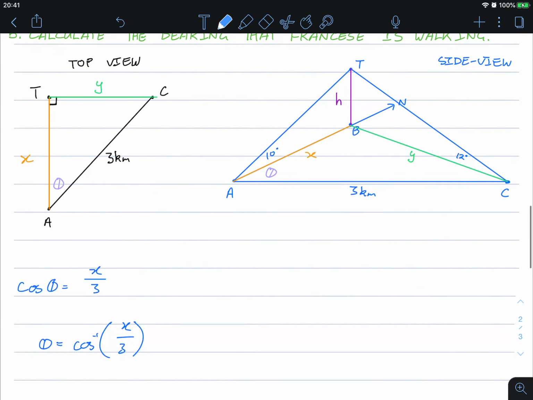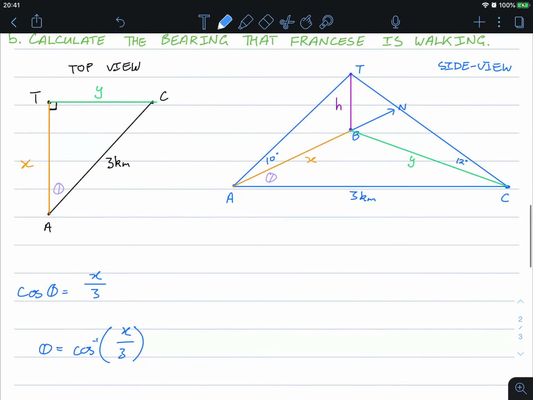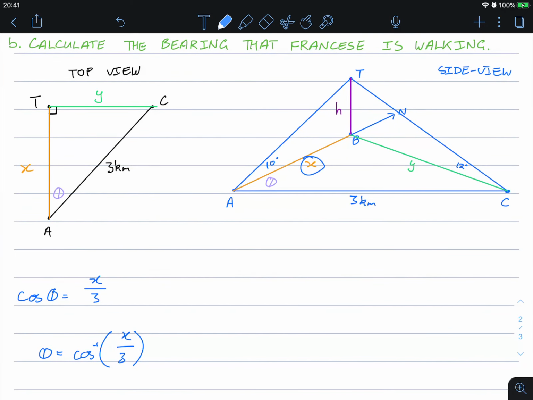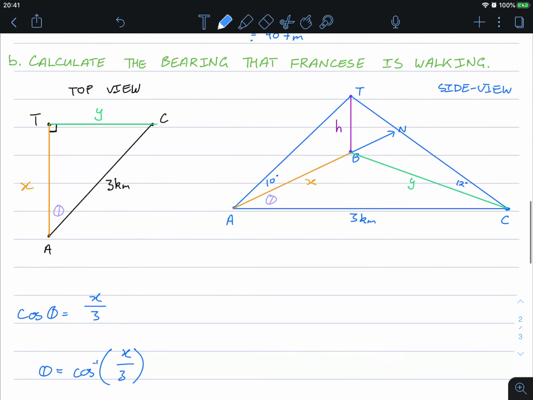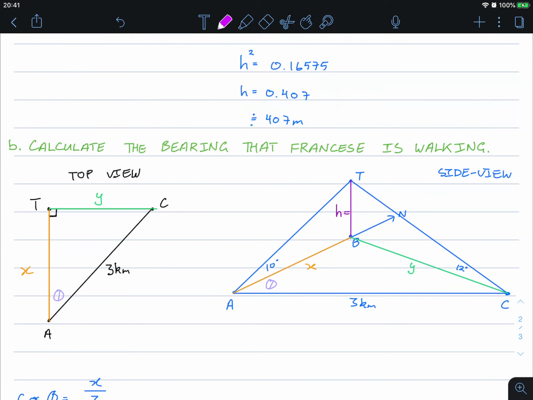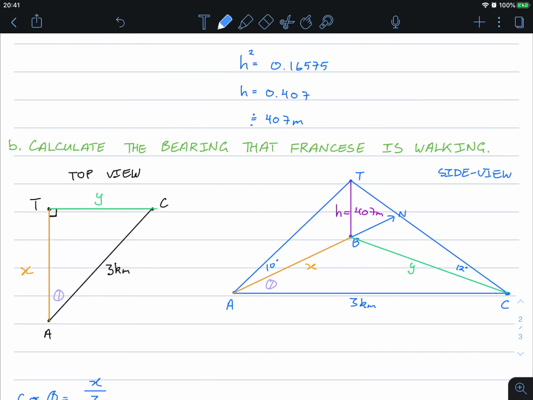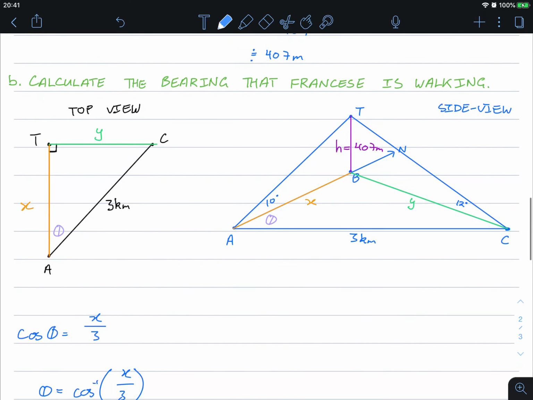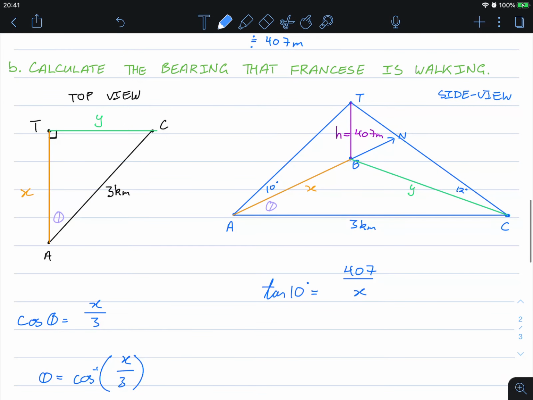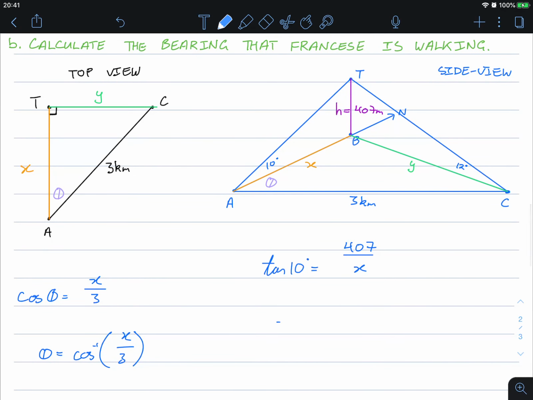Now it's just a matter of figuring out what the length of x is. Well, we already know what h is. H we found to be 407 meters. So we're going to use this answer to figure out what x is. Using this triangle here, we have tan 10 degrees is equal to 407 over x, which if we use some trig, we get x equals 407 on tan of 10.